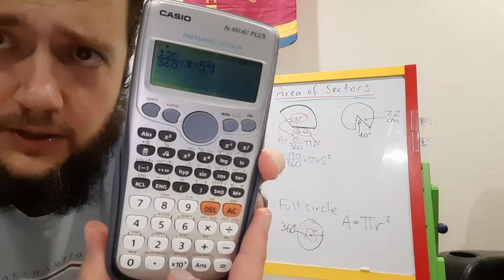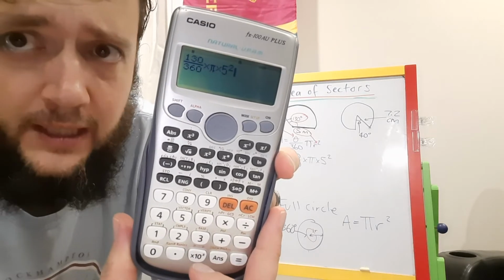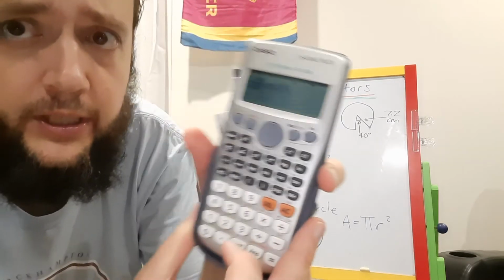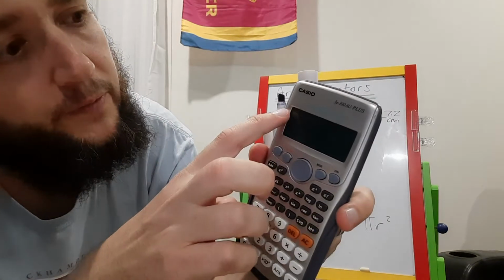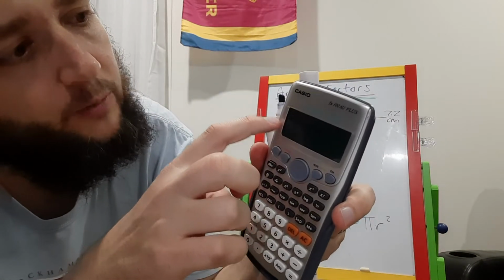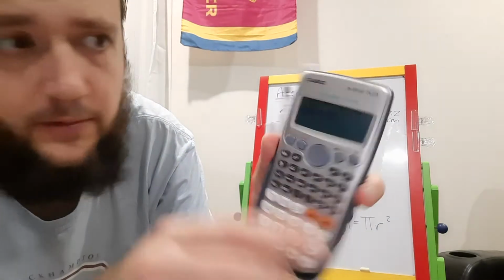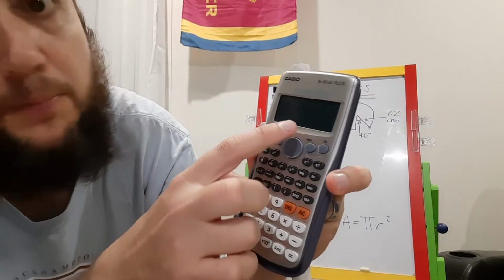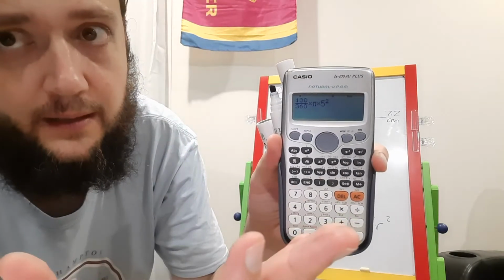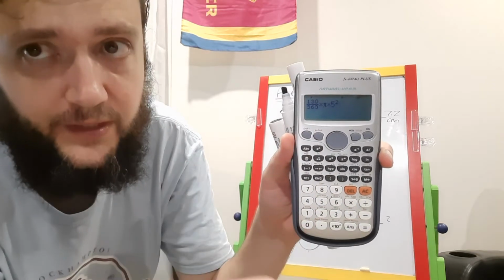On these Casios, it's very easy to just write in exactly what we have on the board. If you don't have something that's so nice, you can put division between the 130 and the 360. That's 130 divided by 360 times pi times 5 squared. It's exactly the same thing if you don't have that button.